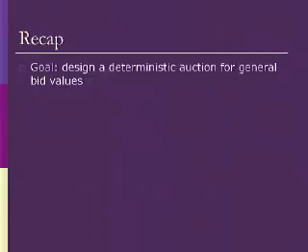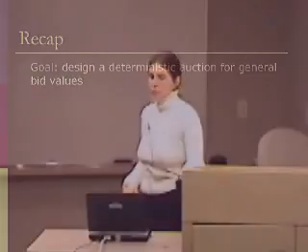So using that best randomized auction from many slides back, it gives us this corollary that we know of the existence of a deterministic auction whose expected profit is at least this. Okay, this result, let's recap. I just said it in words, but let me put it on the slide, how we actually get this result. We design a deterministic auction for general bid values. That was our original goal.